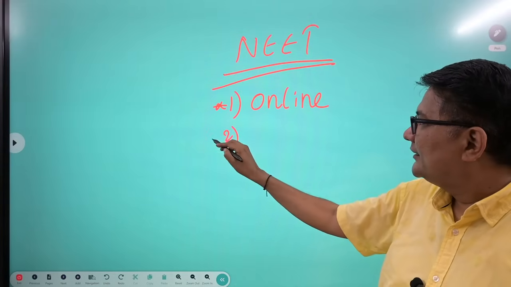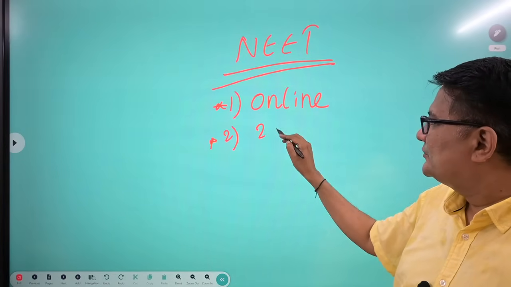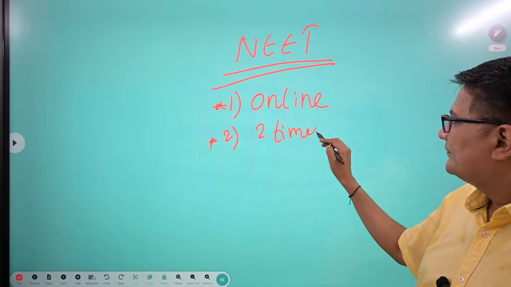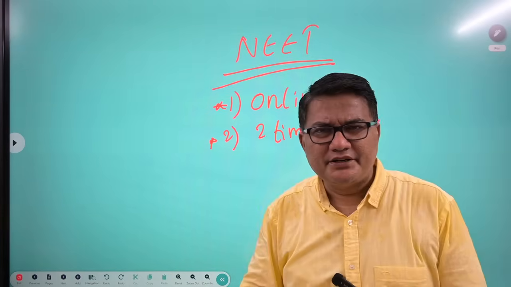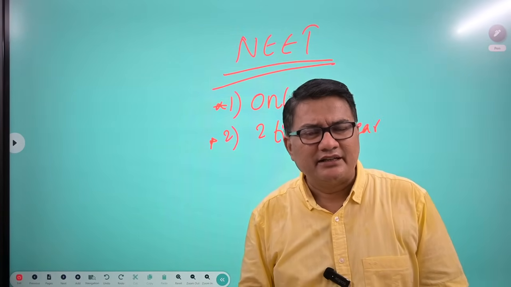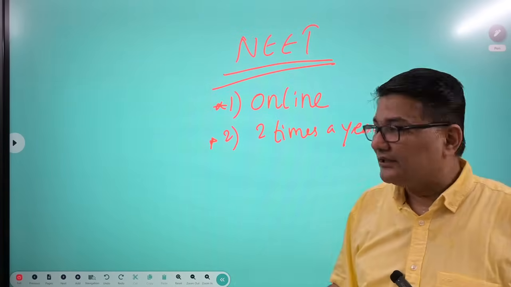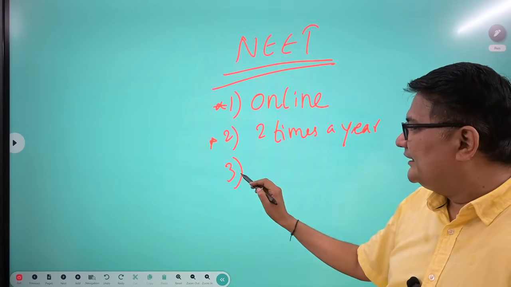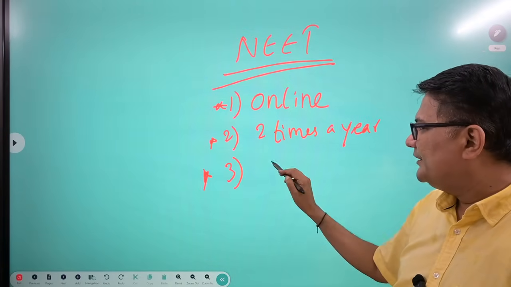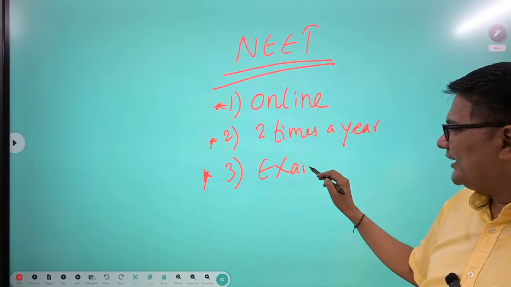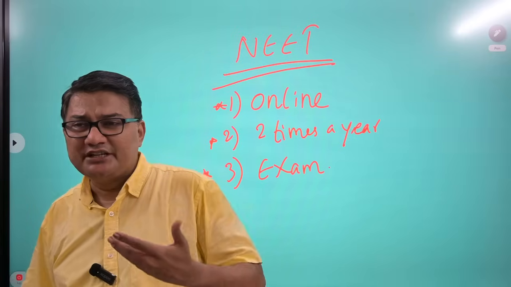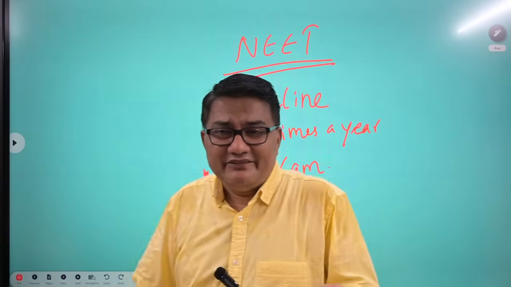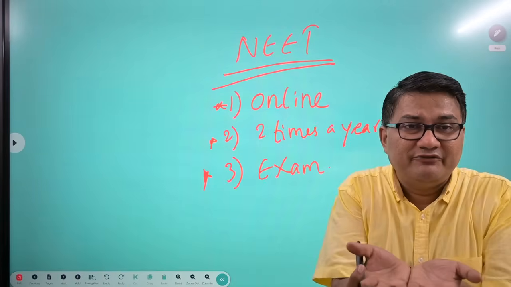Second, can we have NEET at least two times a year? Minimum two, two to three times, so that the pressure on students can be relieved. Third, the examination should be in such a manner that even other board students, for example state board students, will also have a level playing field.